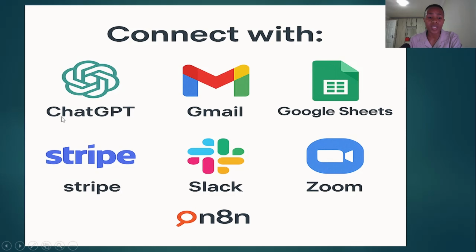ChatGPT is your OpenAI large language model, the one we mentioned at the beginning, that helps to structure and reason. You can also connect your Stripe, and Zoom and Google Sheets if you want to amend, or add, or update some information. So AI is just here to make things much easier for us.